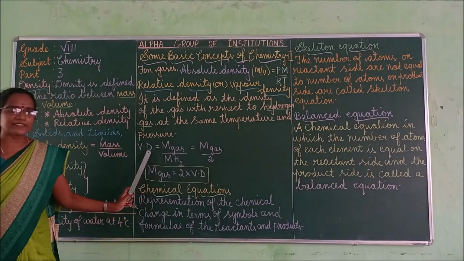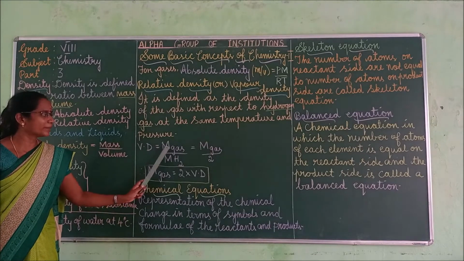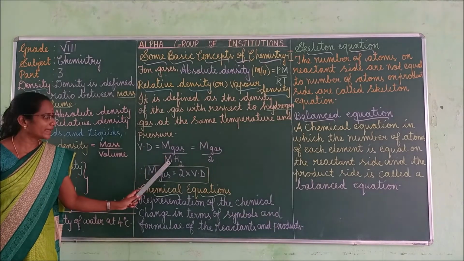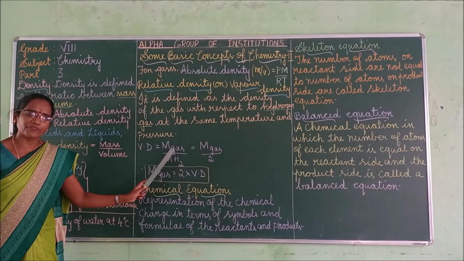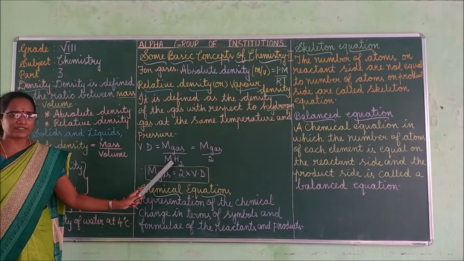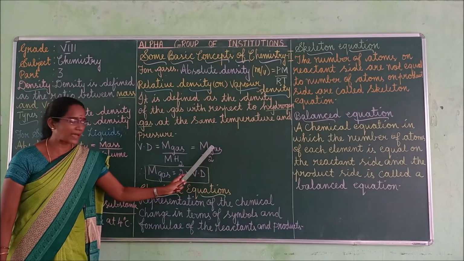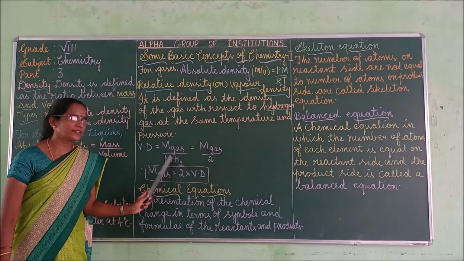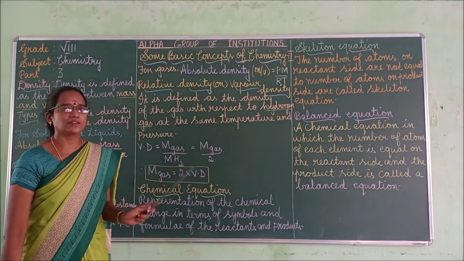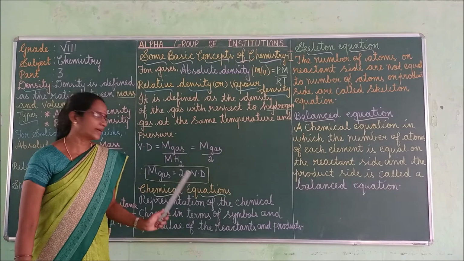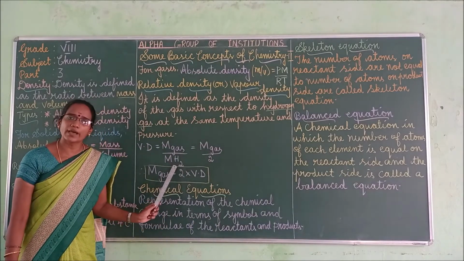So vapor density is equal to M gas, mass of gas, by M H2, mass of hydrogen. H2 is hydrogen. So vapor density is equal to mass of gas divided by the atomic mass of hydrogen. The atomic mass of hydrogen is 1. How many hydrogen atoms are here? 2 hydrogen atoms.